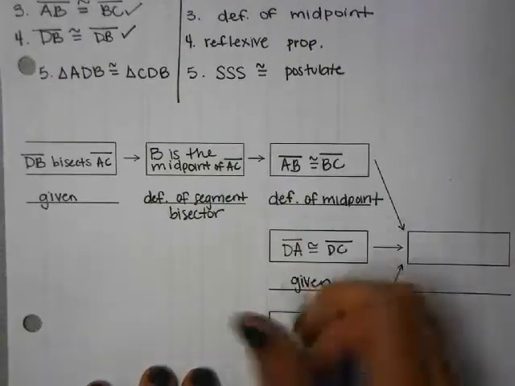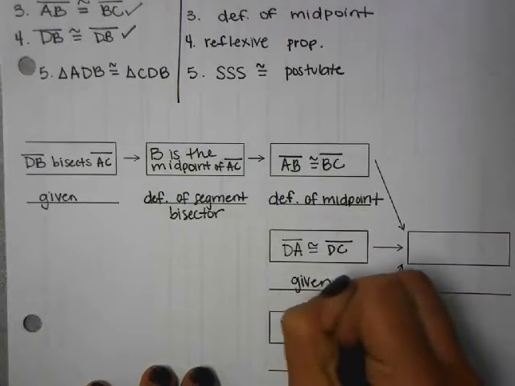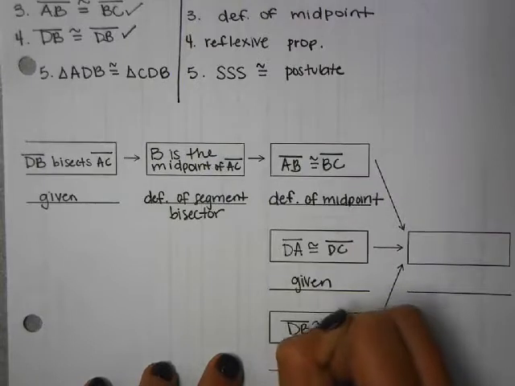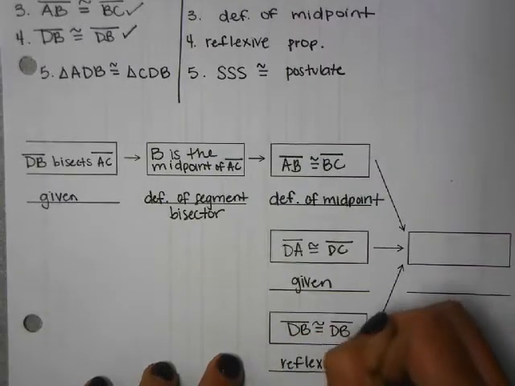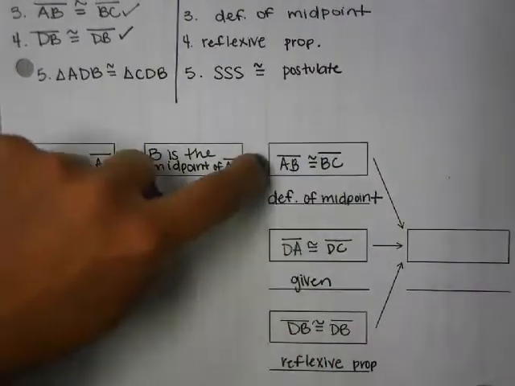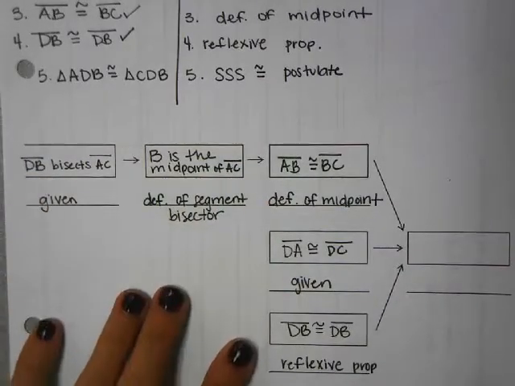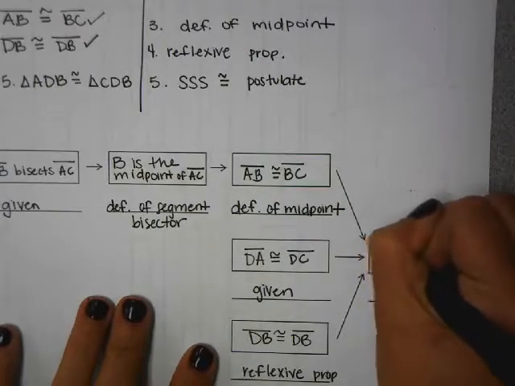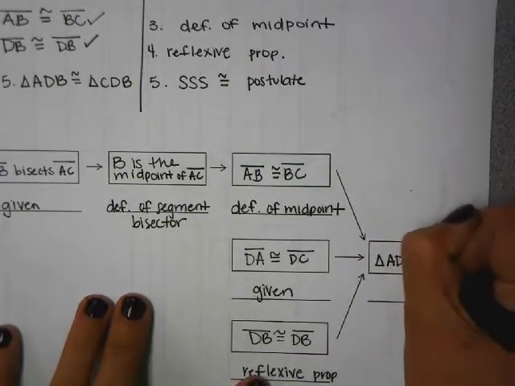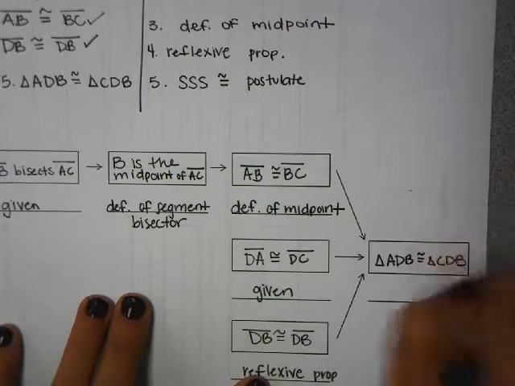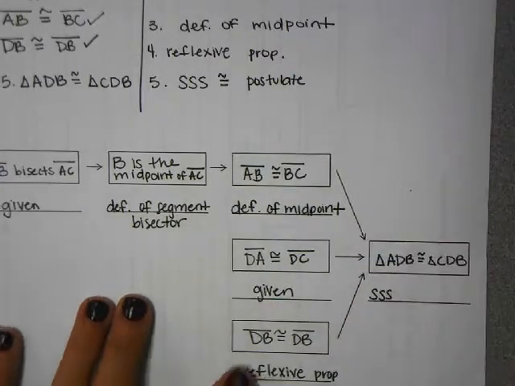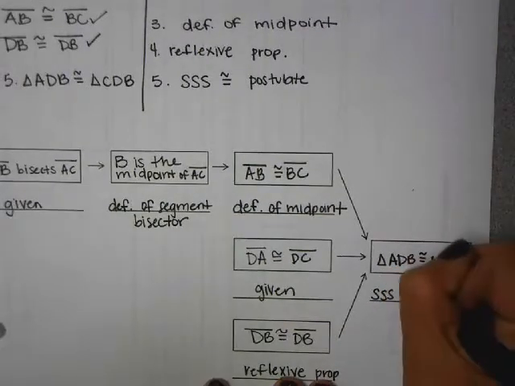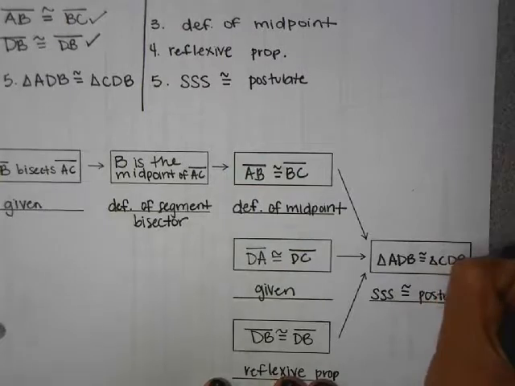And then here we can say DB is congruent to DB, and this is reflexive. So now do you see that we have all three parts that we need, and so they all come together. So now we have that the triangles are congruent by side, side, side, congruence postulate. Okay?